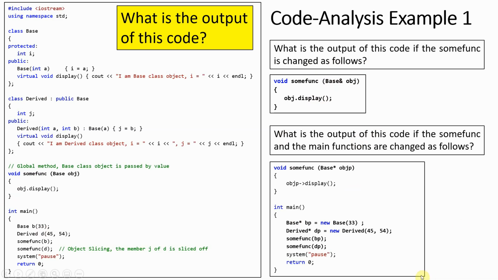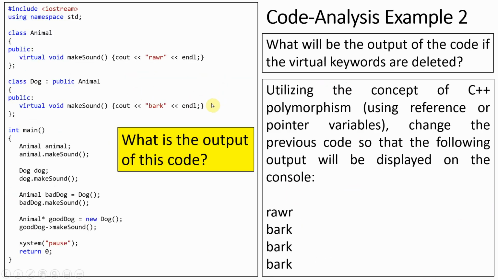What happens if you replace it with this one? To practice polymorphism. Another example for polymorphism: what happens if we remove the virtual keyword? You can see that here we put virtual in both base and derived class. That's okay. What do we need to change so that we get this output?